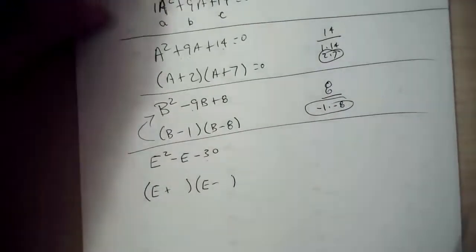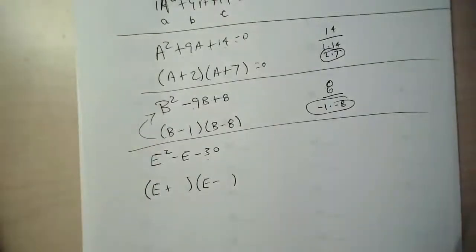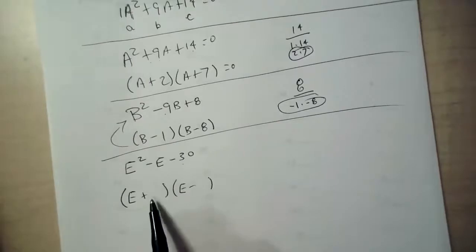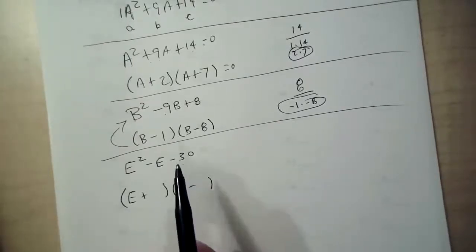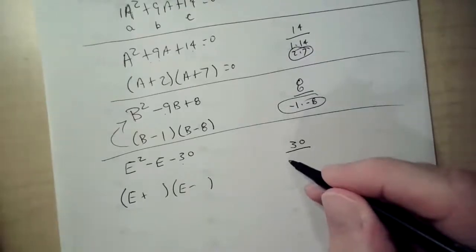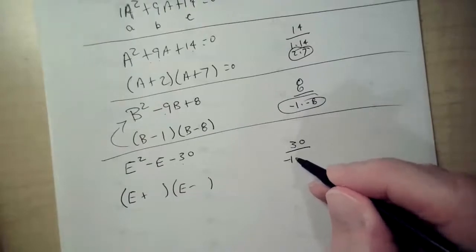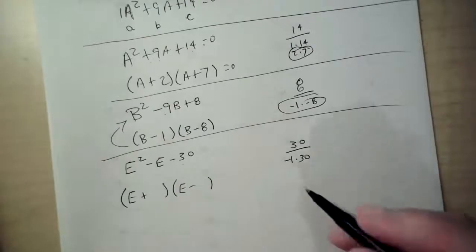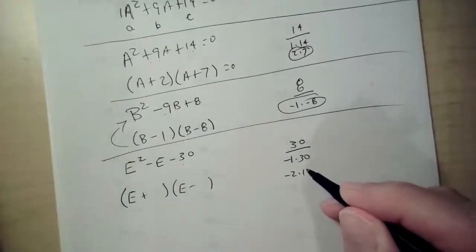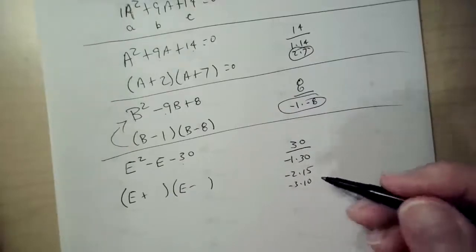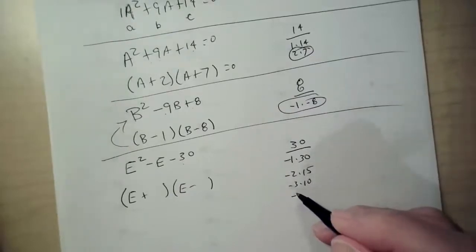Okay, and again, the reason for that is when we do the distributive property, the last thing we do is this number times this number, and a positive times a negative will give us a negative. So we want the factors of 30 that add up to -1. -1 times 30, -2 times 15, -3 times 10, -5 times 6.